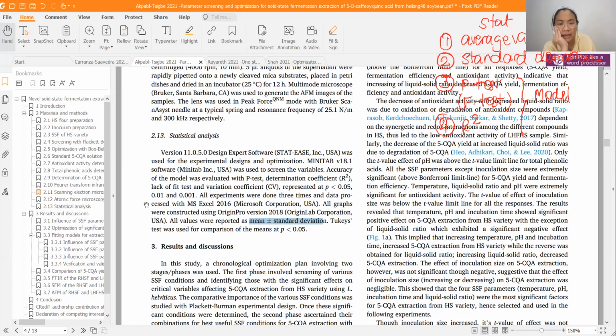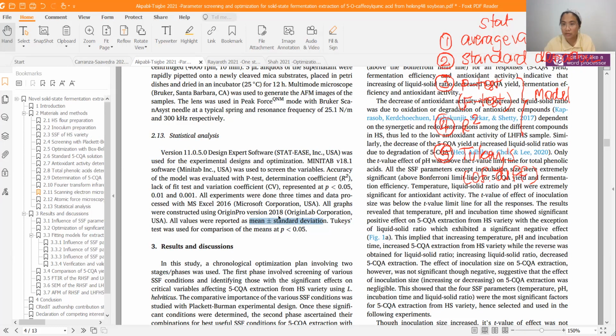Because it's an optimization. They said that apart from that, they are using Tukey's test for comparison of the means. See that in the paper before they used Duncan, but for this paper they use Tukey's to compare the difference. So that's how it is for this paper.